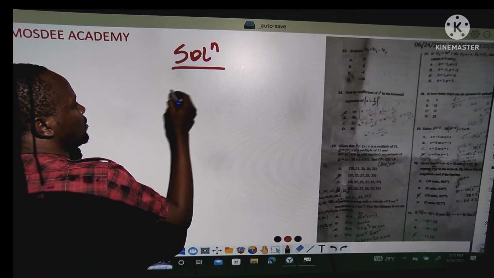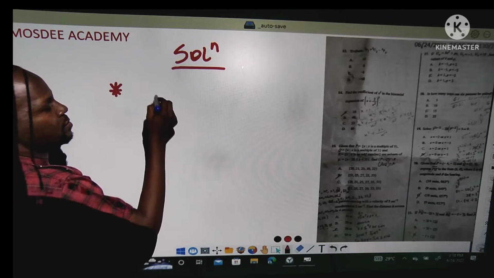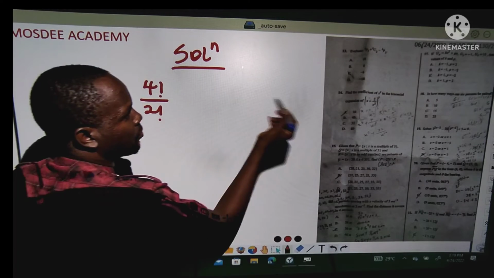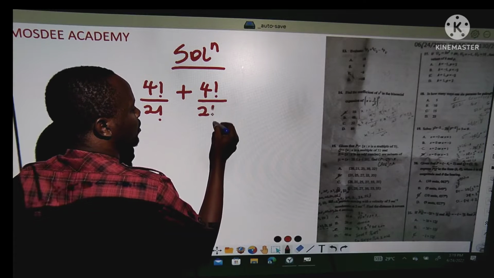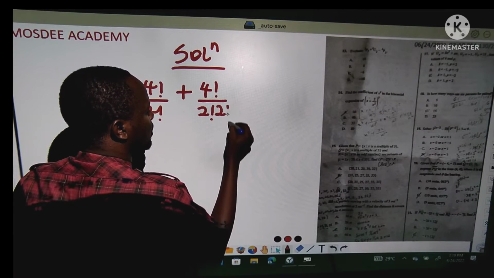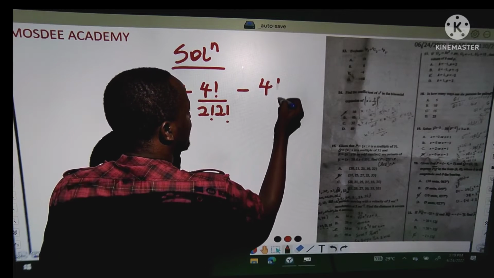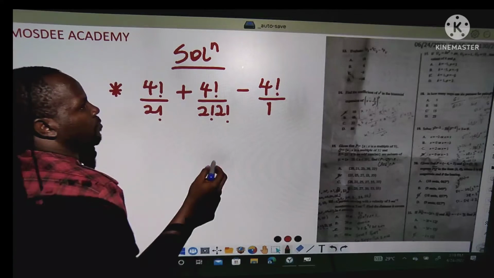4 permutation 2 is 4 factorial over 2 factorial. You know that. And 4 combination 2 is 4 factorial over 2 factorial times 2 factorial. And 4 permutation 3 is 4 factorial over 4 minus 3 factorial, so 4 factorial over 1 factorial.